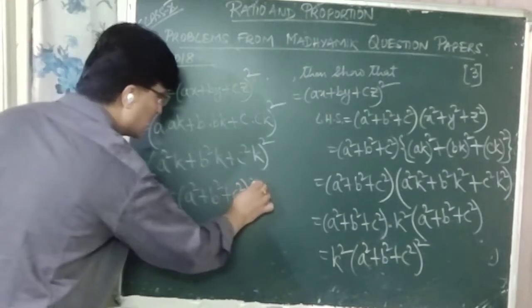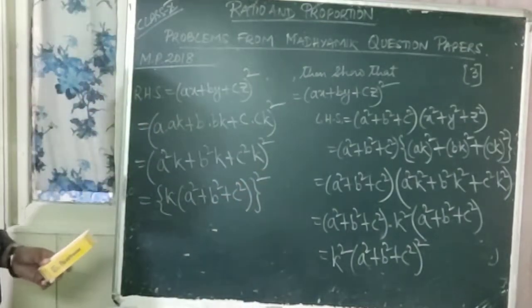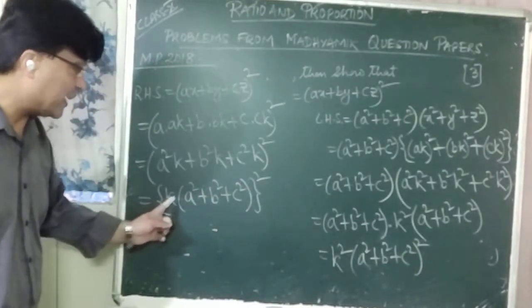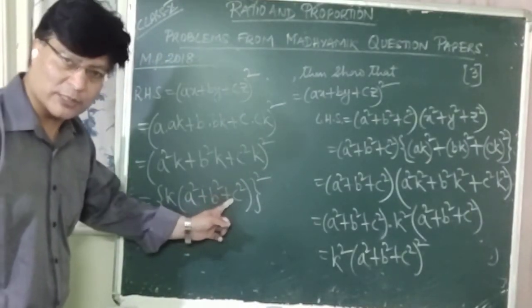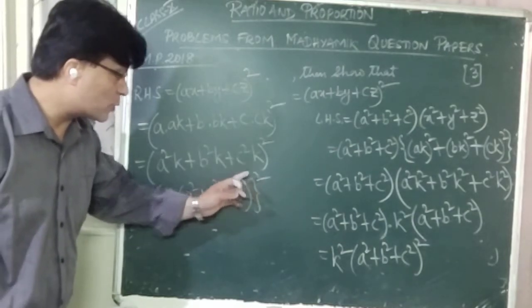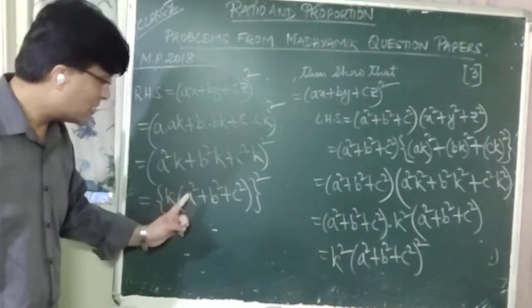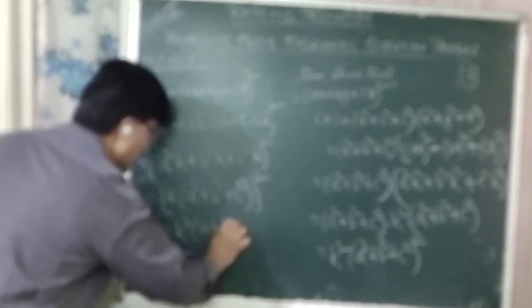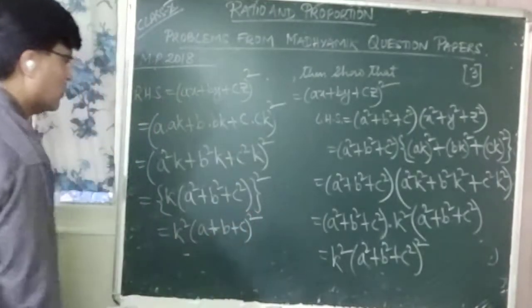First bracket close, second bracket close, whole square. Now this square is for both k as well as a square plus b square plus c square. So you have to write this square for both, which is equal to k square into (a square plus b square plus c square) whole square.